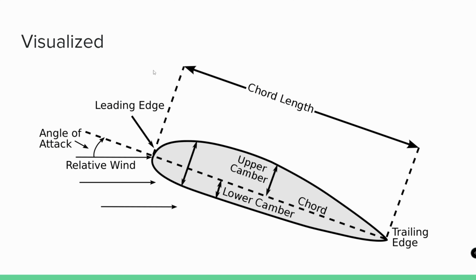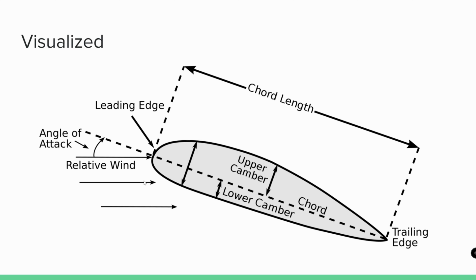So now let's talk about it visualized. The leading edge, the front of the airfoil or the wing, running straight back to the trailing edge, that is the chord line, and this continues off into infinity. So just imagine this line continues outward forever. Now another term we have to talk about is the relative wind. Think of this as the opposite of your flight path.